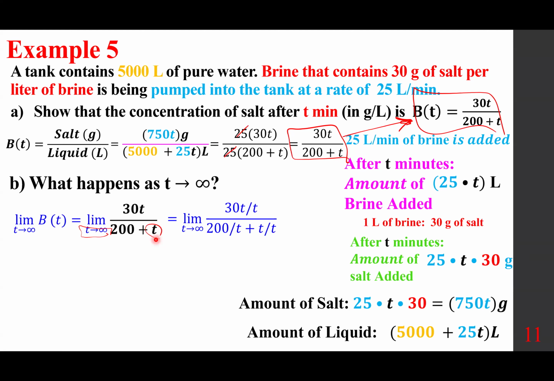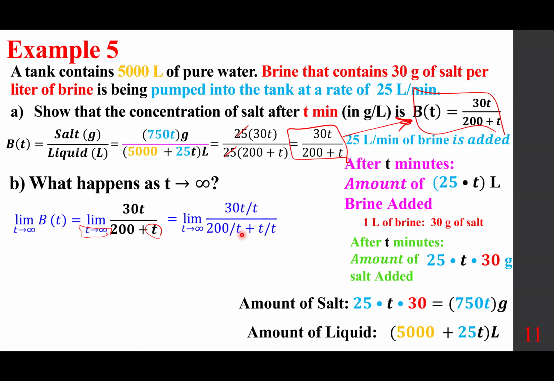So the limit as t approaches infinity of 30t over t, which is 30, over 200 over t, plus 1. That's what we get. Now, since t approaches infinity, 200 over t becomes 0. And the answer is 30 with the units of grams per liter.